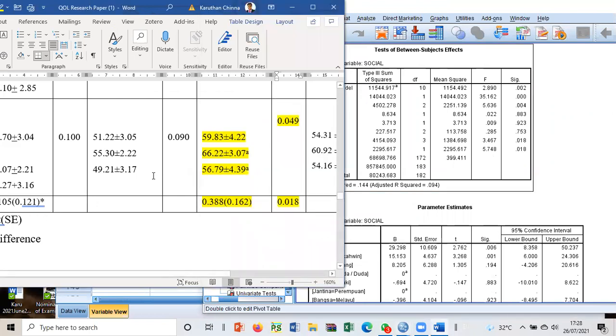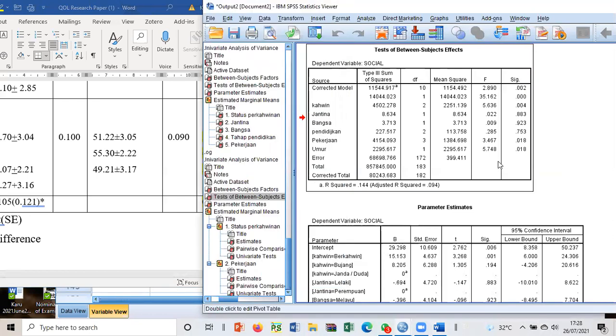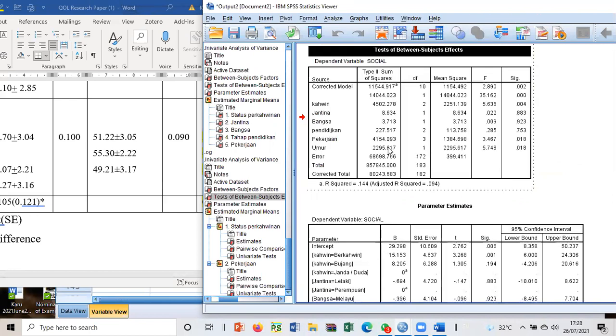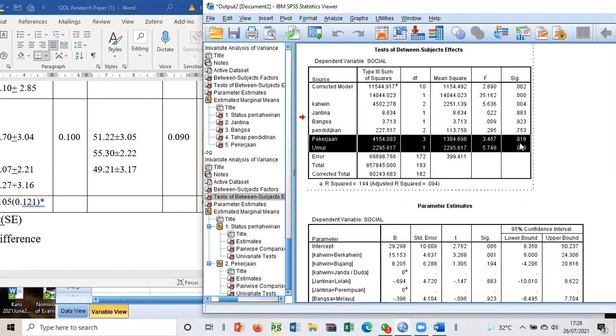Sorry, just now when you chose the pekerjaan, the one pair difference, the data shows 0.07 something. Is it chosen because it's less than 0.5? Pekerjaan p-value is 0.018, right?